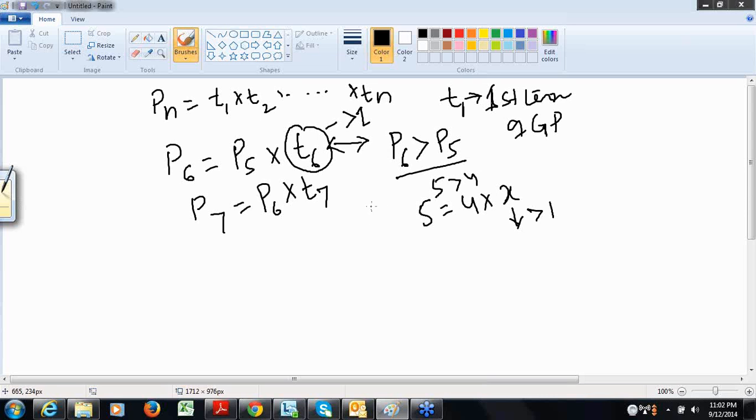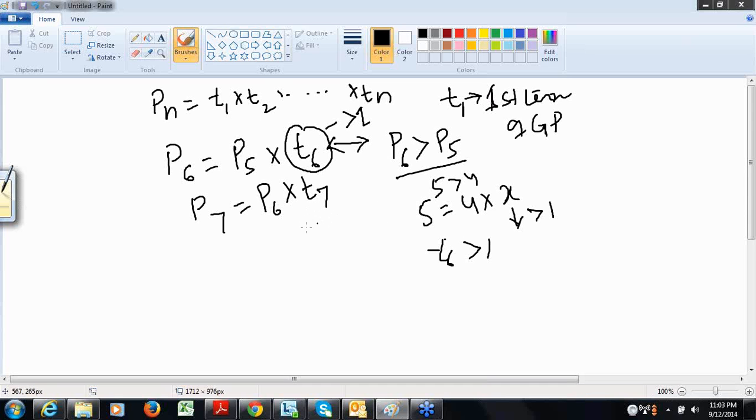When the sixth term is greater than 1. Then only product of first 6 terms will be greater than the product of first 5 terms. Okay, everybody is clear till now? Okay, Sagar, thank you. So T6 is greater than 1. We got one thing. T6 is greater than 1.